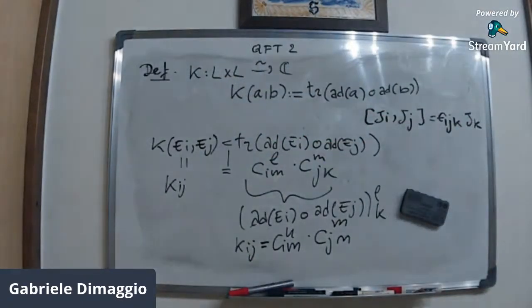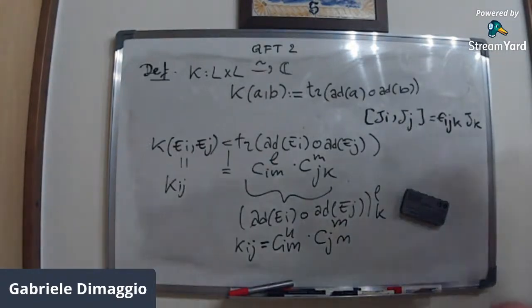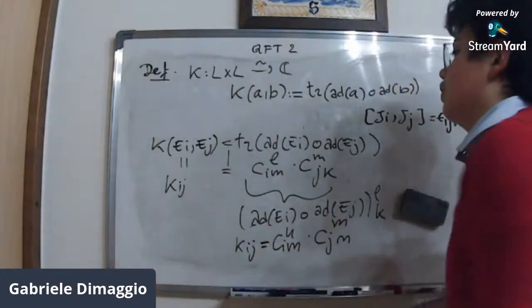Okay, so the components of a Killing form are a multiplication between two structure constants. Okay, perfect. So these are the components of a Killing form.